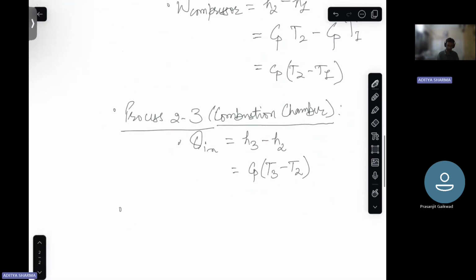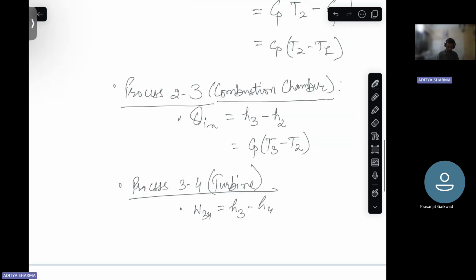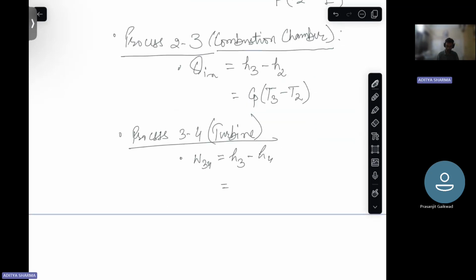Isentropic expansion process 3 to 4, your turbine. So here the work done by the turbine is this.